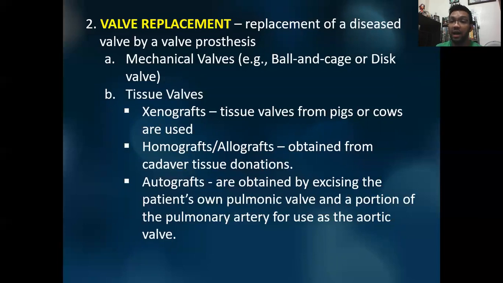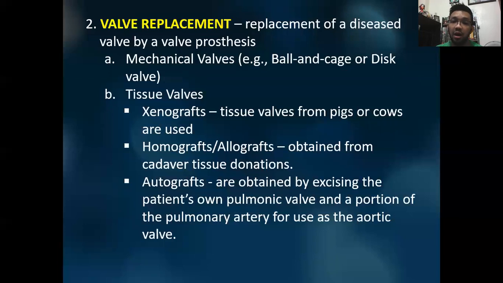These are tissue valves from pigs or cows, so from animals. Homografts or allografts, they're obtained from cadaver tissue donations. So for example, if a patient is already brain dead, clinically dead, they can gather the organs of the patient for tissue donations, such as this.